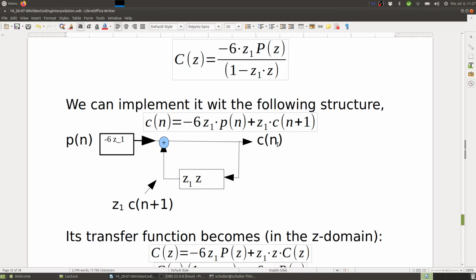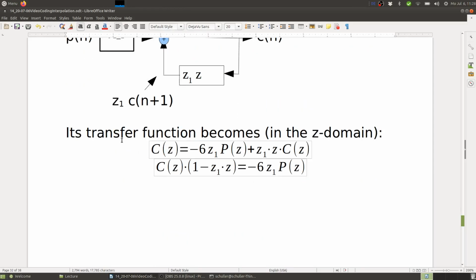So this is C of n plus 1 at the output, times this factor Z1. Right? So the output C of n is minus 6 Z1 times P, which comes in here, plus Z1 times C of n plus 1. It comes from this loop here.